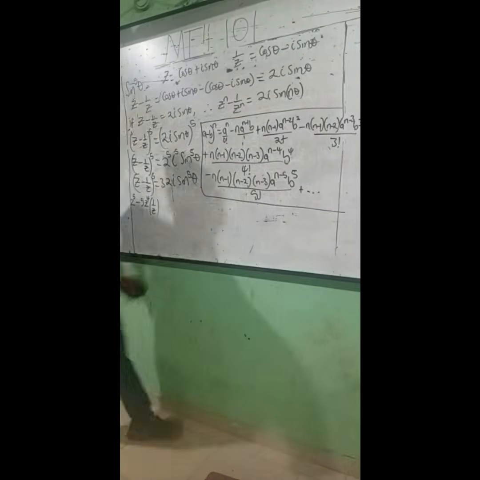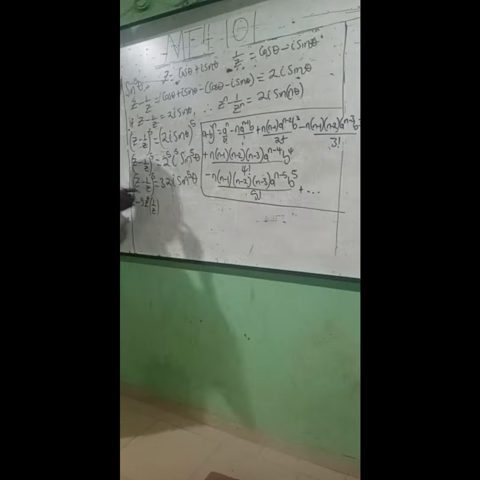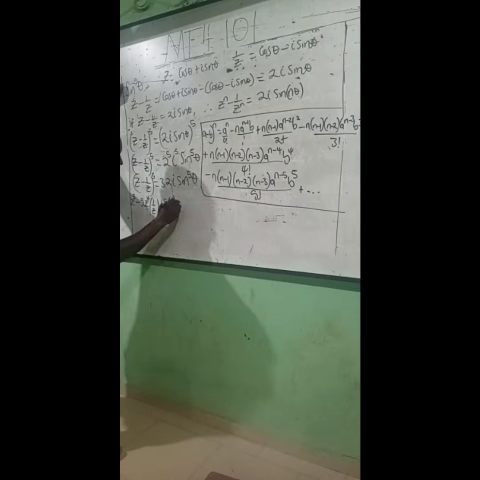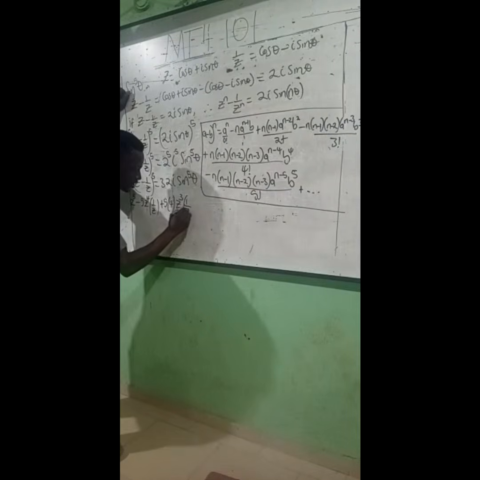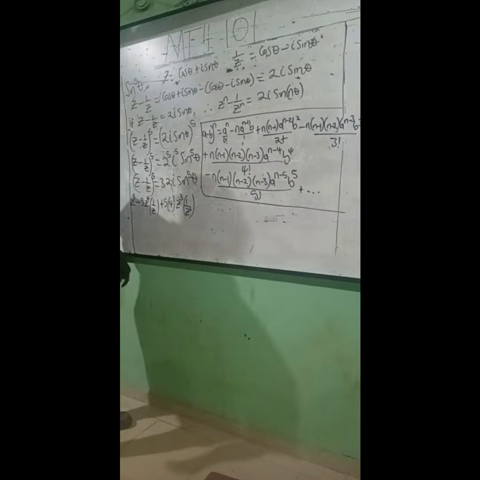Are we together? So 1 over z over 1 factorial, plus n, what's our n? 5. n minus 1, 4. What's our a? z, raised by n minus 2, 3. Our b, 1 over z squared. That's 1 over z all squared, but 1 squared is also 1. Are we together?